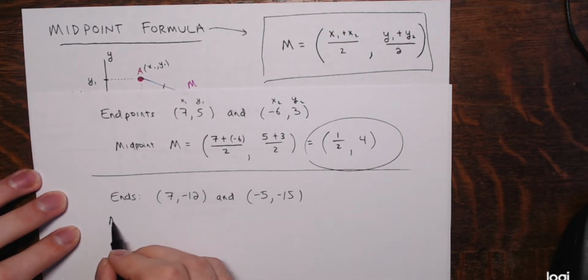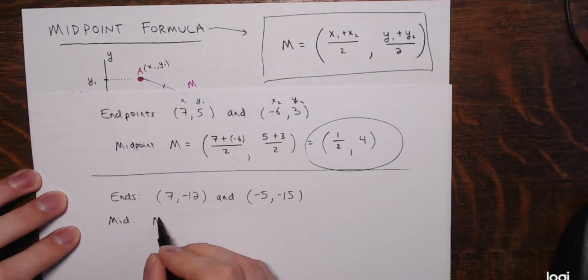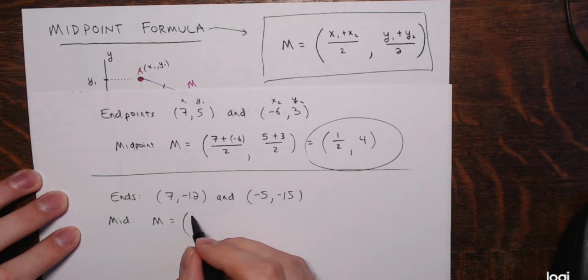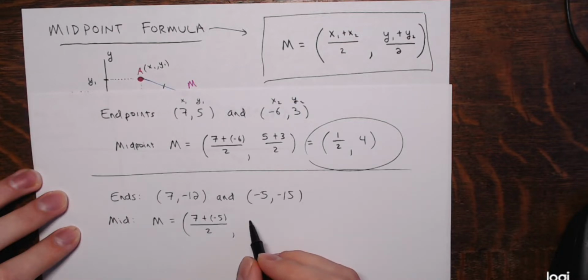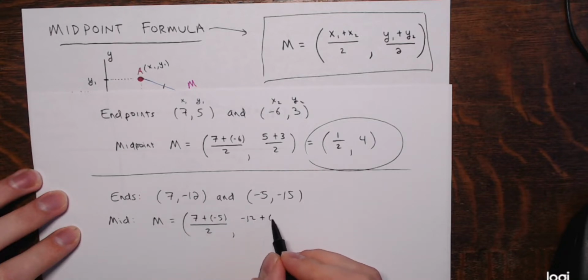And I'll just put mid for midpoint. The x-coordinate of the midpoint is the average of the x-coordinates of the endpoints: 7 plus negative 5, or negative 5 plus 7, divided by 2. The y-coordinate of the midpoint is the average of the y-coordinates of the endpoints: negative 12 plus negative 15, divided by 2.